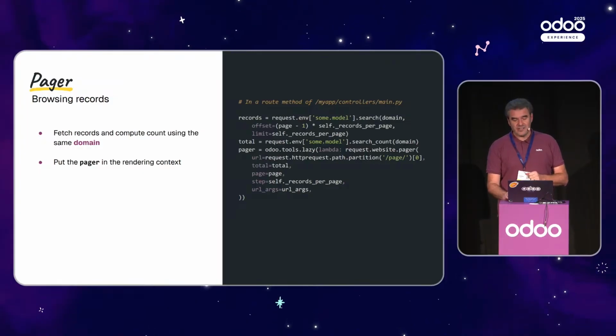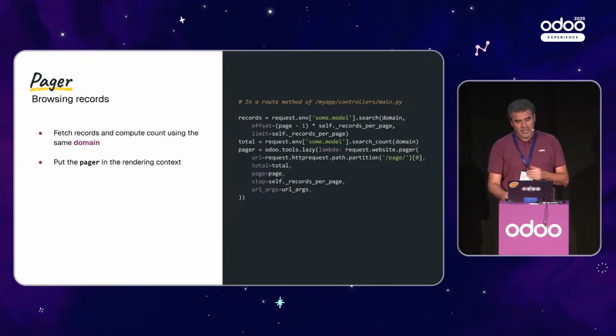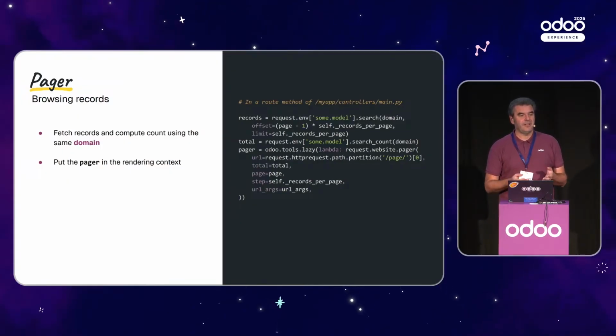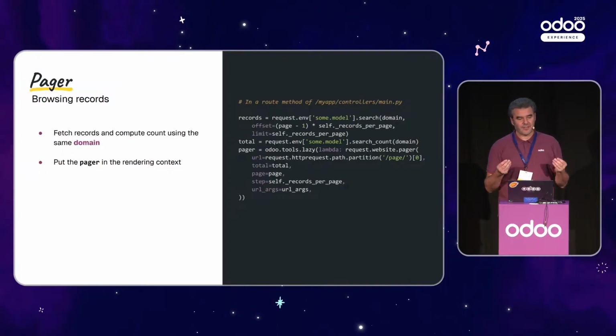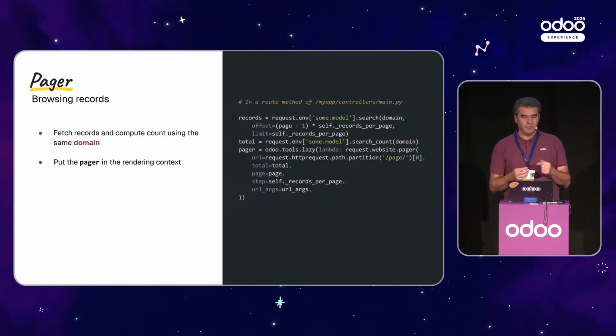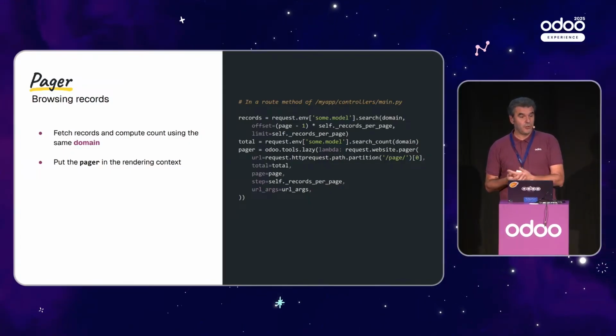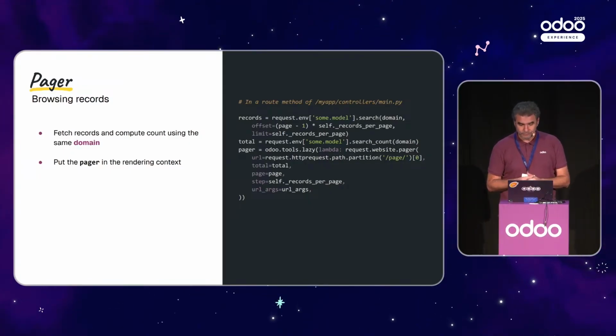Then you create an instance of the pager object where you provide that information. If you have some filtering in your current request that determines what are the current records being displayed, then make sure to also include the parameters that contain this filtering so that when switching between pages, you keep that filter.